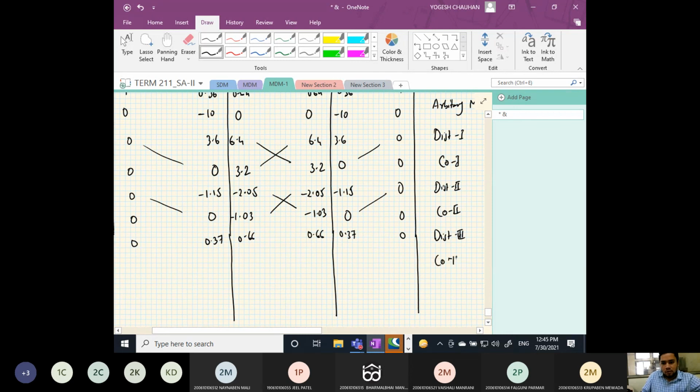Then carry over 3. This cannot be carried forward here. 0.